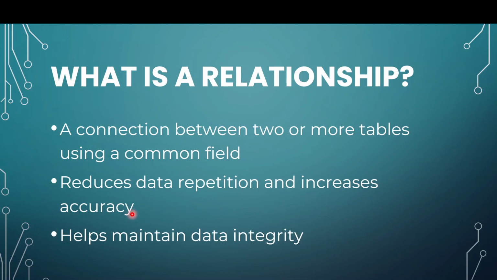Now, before we start, you need to understand what a relationship is. As I said earlier, relationship simply talks about the connection between two or more tables. And these two or more tables have to be connected based on a common field.